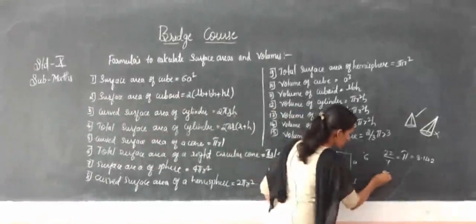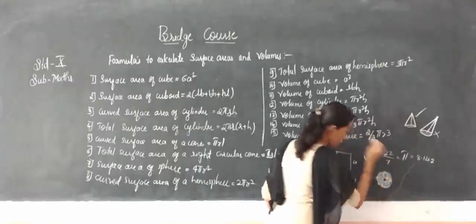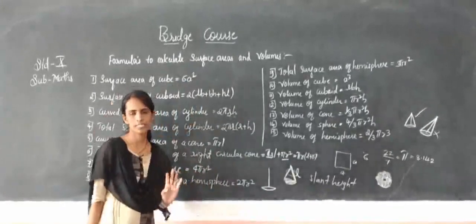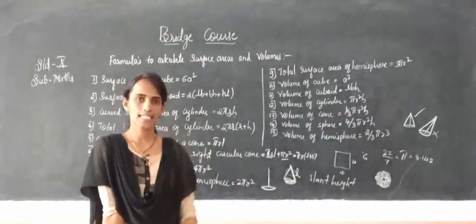If you consider this as a sphere, like 1, 2, 3, 4, in this direction we can take it. So that will become 4 pi r square, which is equal to the area of 4 circles.